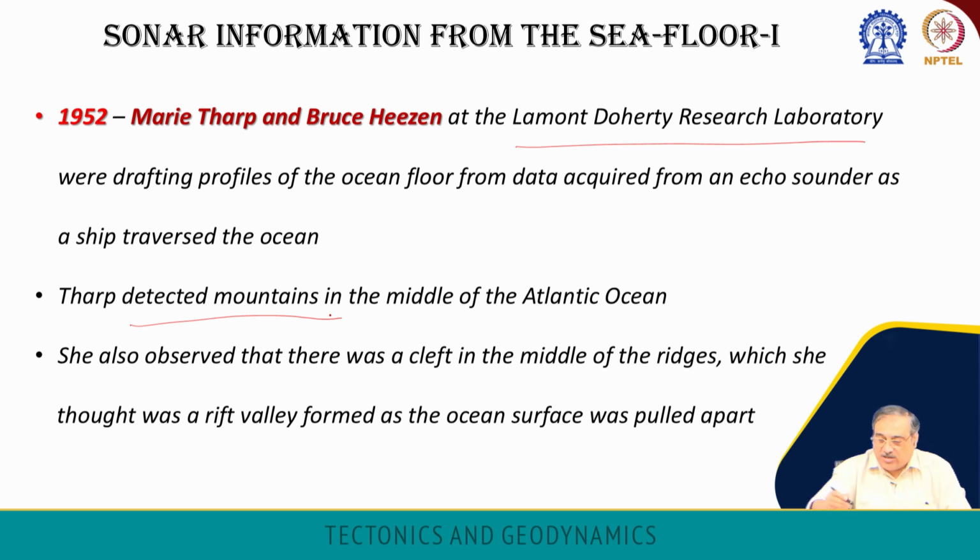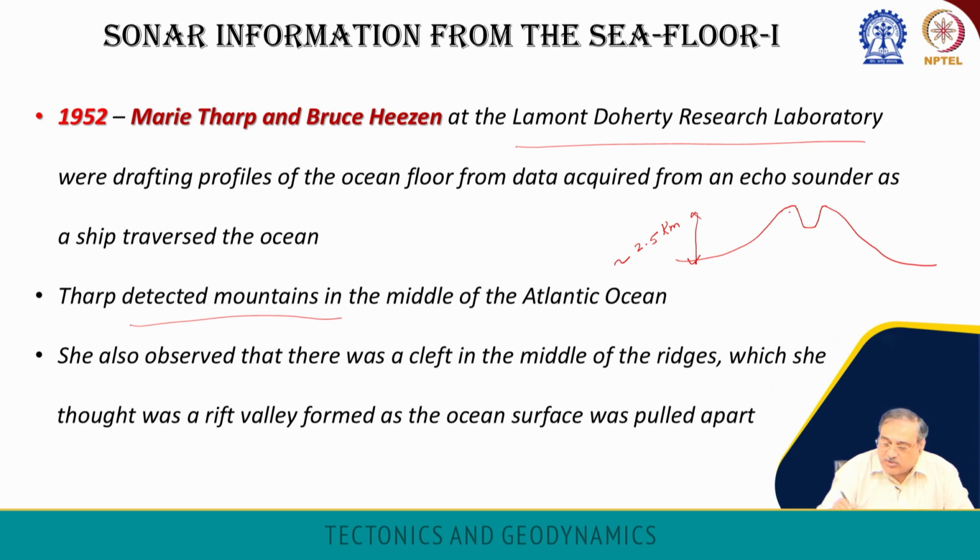Not just that, she also discovered that there was a cleft at the top of the ridge. So if this was the seafloor right at the middle of the Atlantic, this is a cross section, you had this mountain which was around 2.5 kilometers from the abyssal floor.